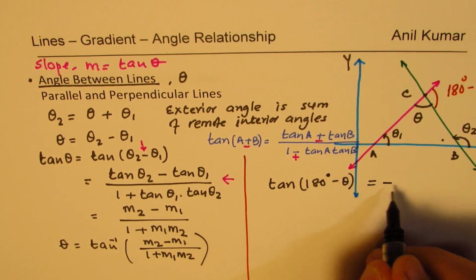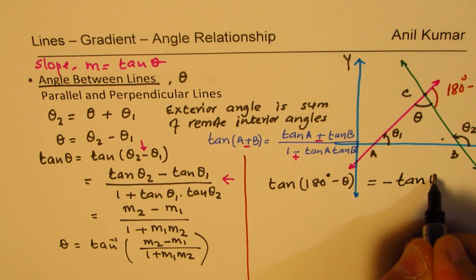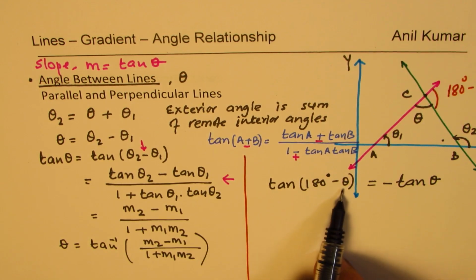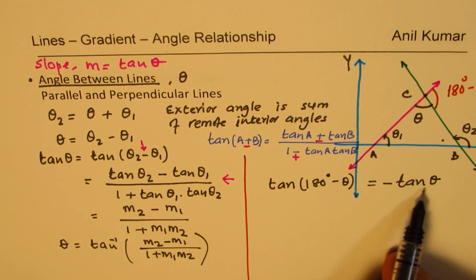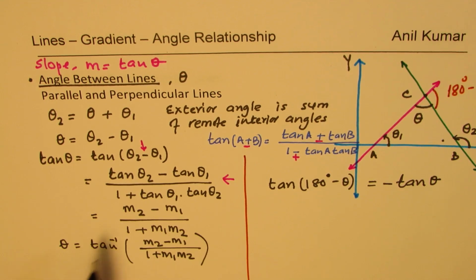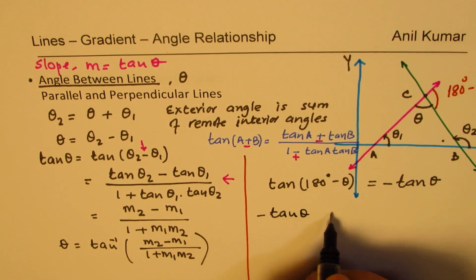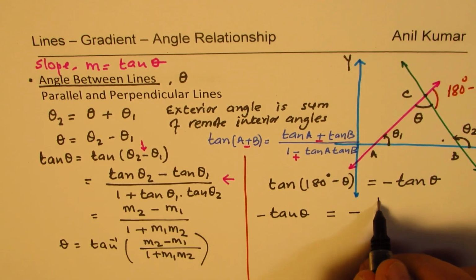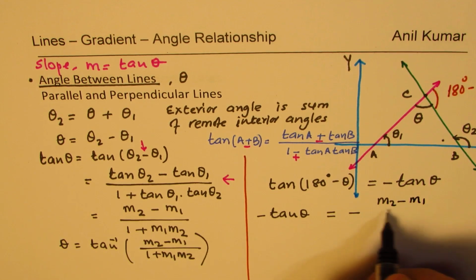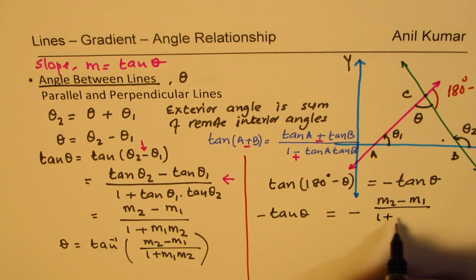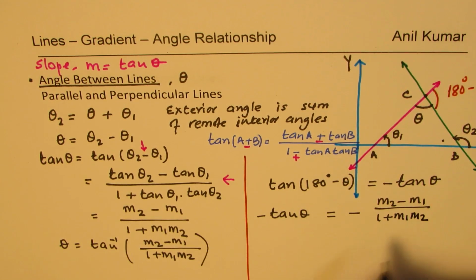Well, that is equal to minus tan theta, correct? So tan of (180 degrees minus theta) is minus tan theta. So then, what is this? This tan theta is that angle. So minus tan theta can be written as negative of (m2 minus m1) over (1 plus m1 m2), correct?